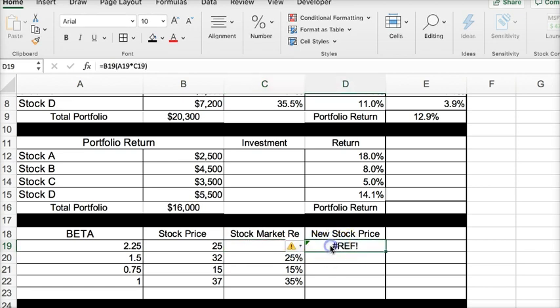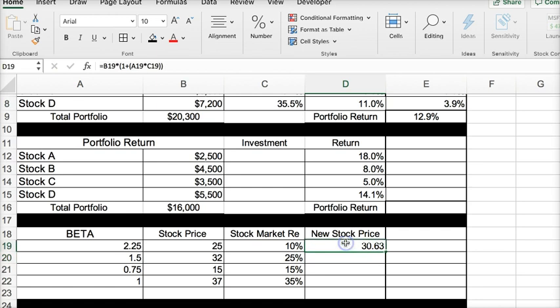So what we're going to do is start with the stock price, and we're going to multiply that by 1 plus beta times the return.